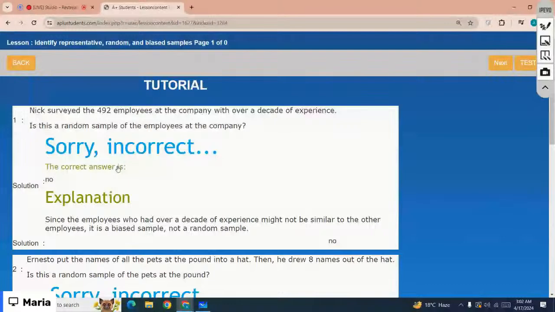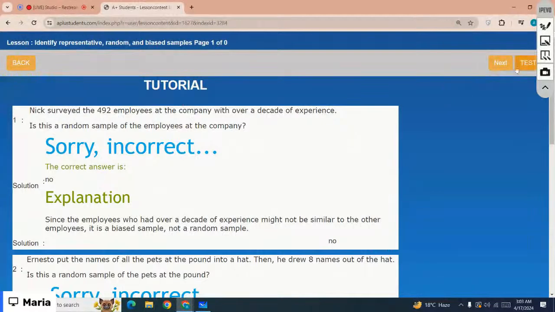No, this isn't a random sample because these 492 employees are the ones who worked in the company over a decade, right? That means they are different from the other employees. So that is a biased sample. Got it? This is not a random sample. This is a biased sample because they are unique compared to the others.